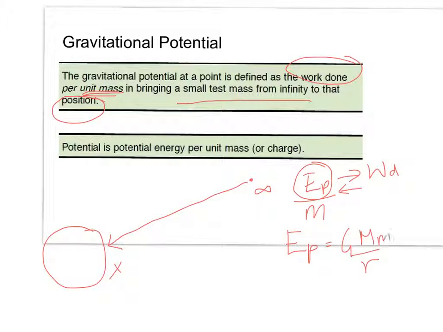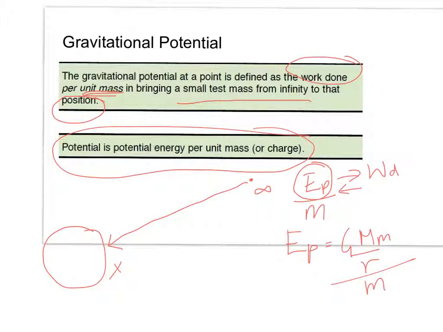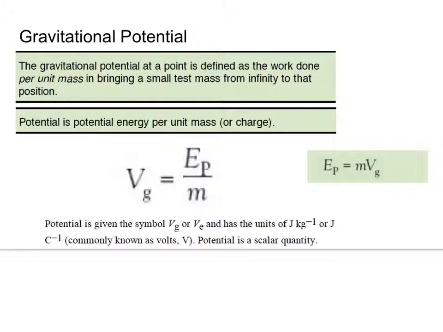Now all we have to do is divide potential energy by the mass of the object. And that gives us an expression for potential, which is potential energy per unit mass. Potential is given the symbol Vg and has the units of joules per kilogram.